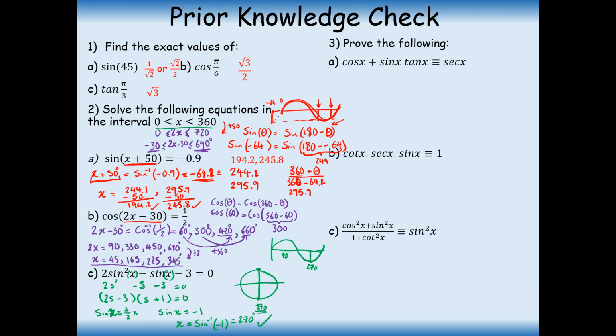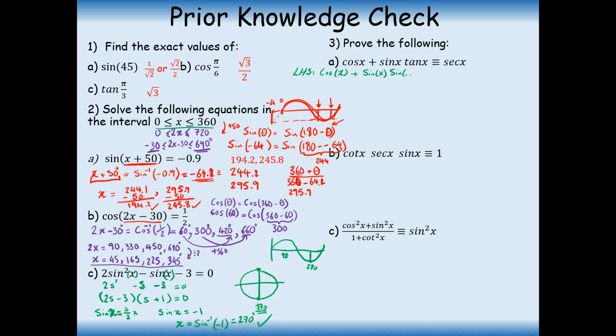Okay, so we can leave question 2 now and move on to question 3. This question isn't really challenging. You start with the left hand side and adjust using trigonometric identities. Tan can be written as sine over cos.